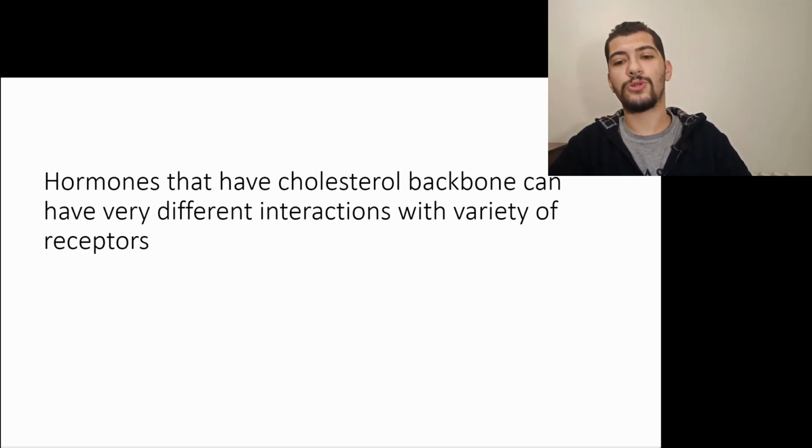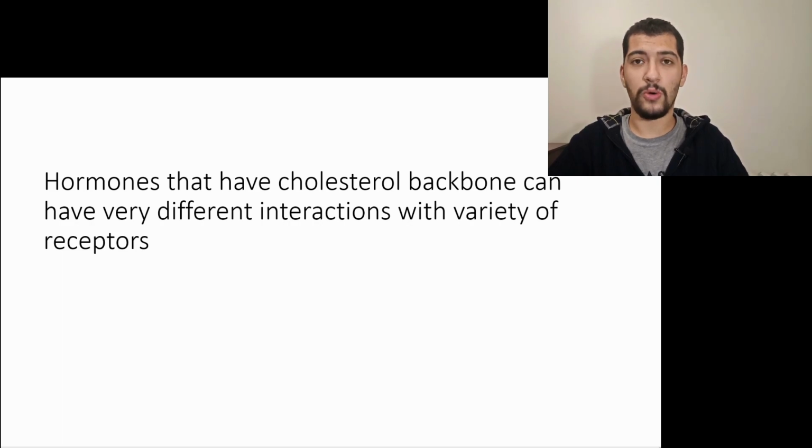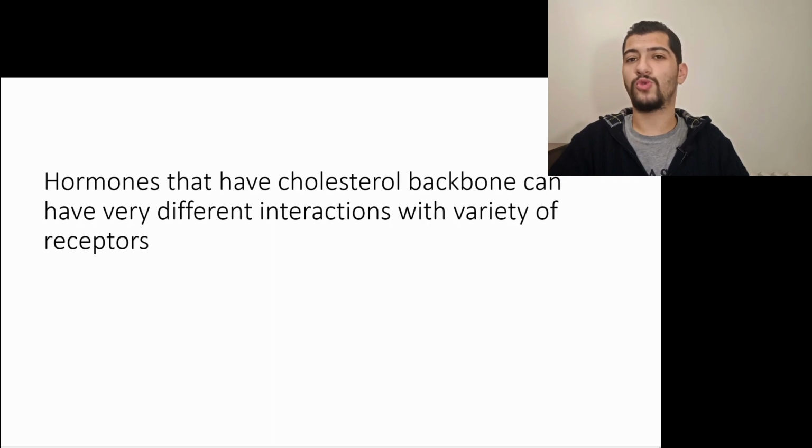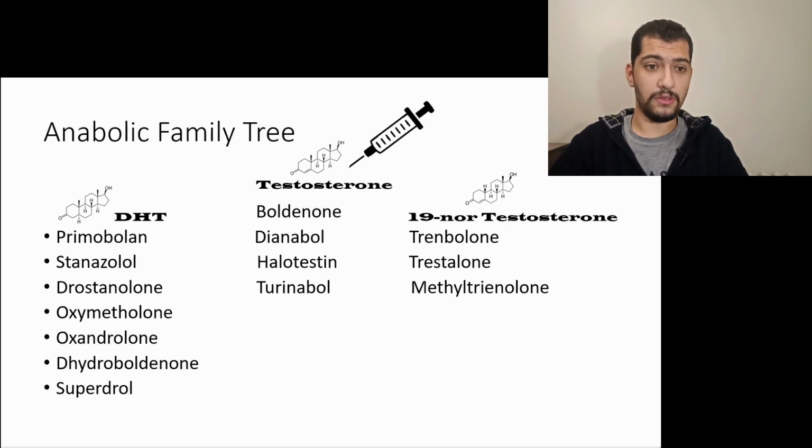Hormones that have a cholesterol backbone can have very different interactions with a variety of receptors. So a tiny bit of change in the molecular structure can make a drug bind to a completely different receptor, like the progesterone receptor instead of the androgen receptor. So basically, our anabolic family tree is this, mostly with the so-called old school androgens.